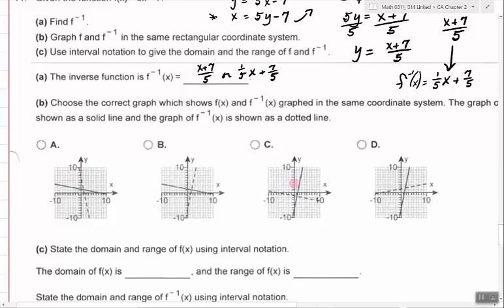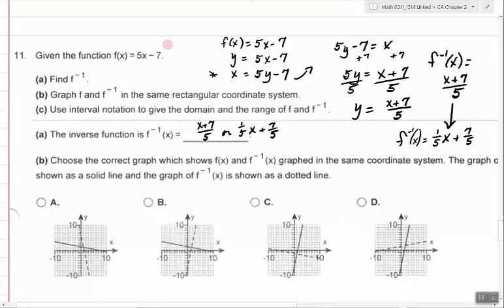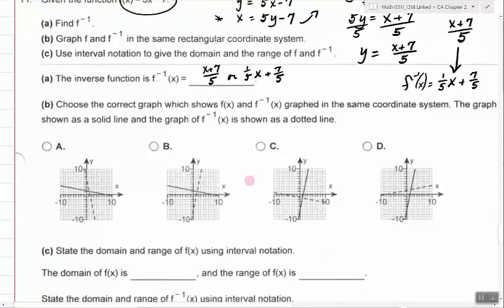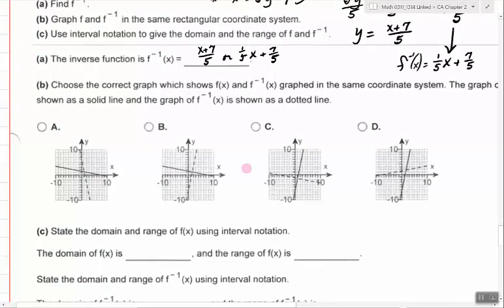All right, this would be easier if these were enlarged, but they're not on this little piece of paper. So let's talk about the original function. It has a y-intercept at -7 and a positive slope. And f will be solid.